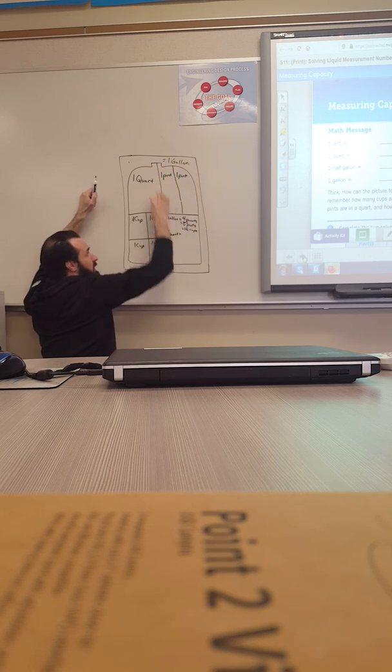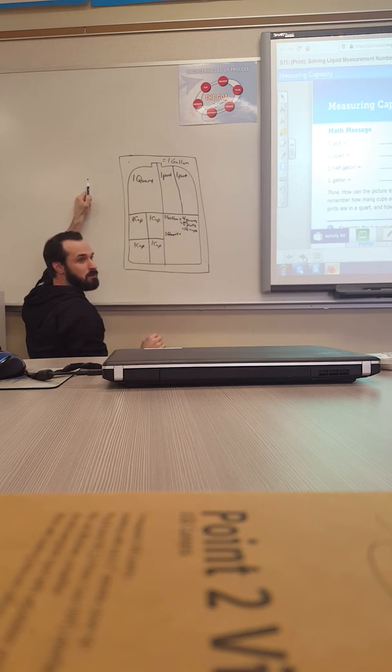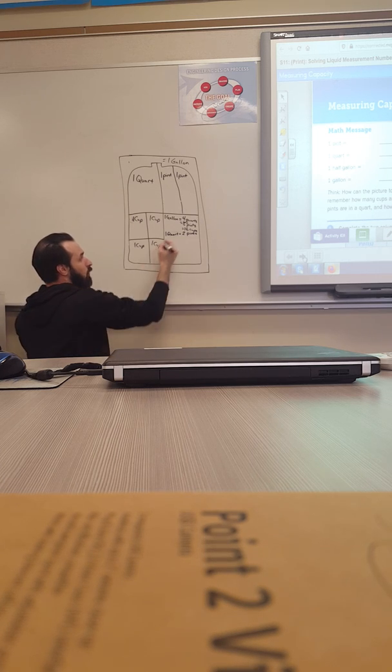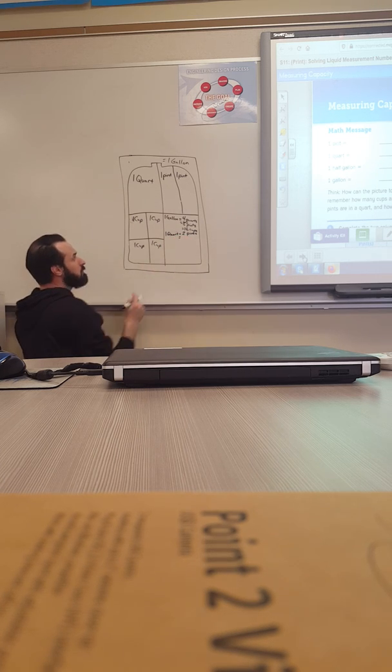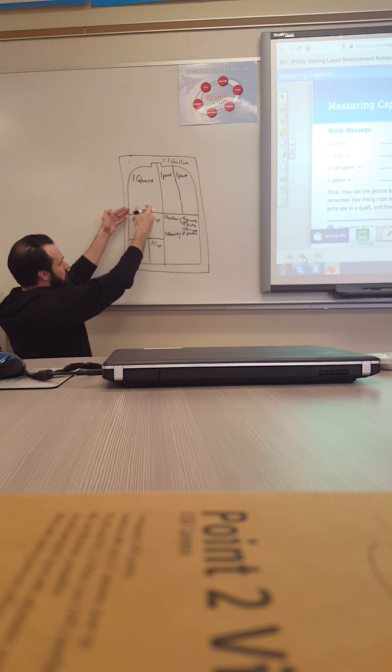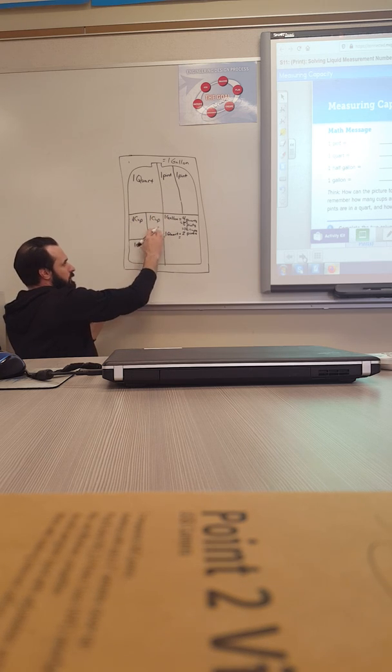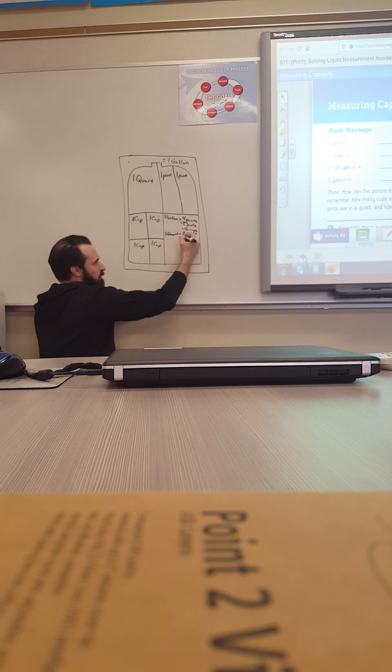Here's a quart. How many pints are in there? 2. So 1 quart is equal to 2 pints. 1 quart is also equal to, look at how many cups. How many cups to make a quart? Here's your quart. 1, 2, 3, 4 cups.